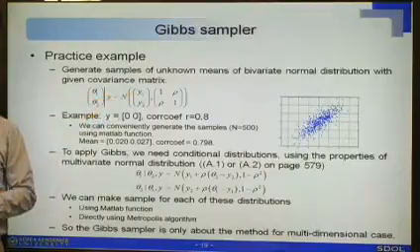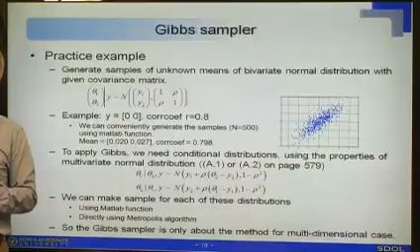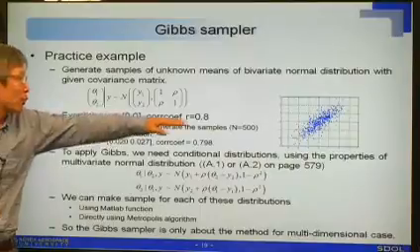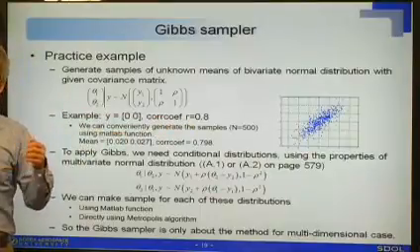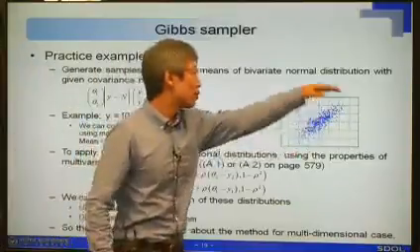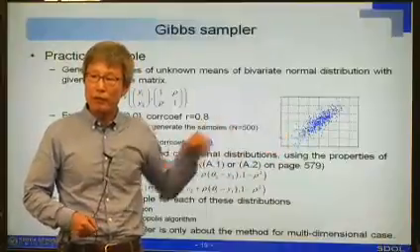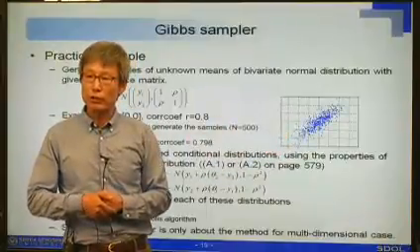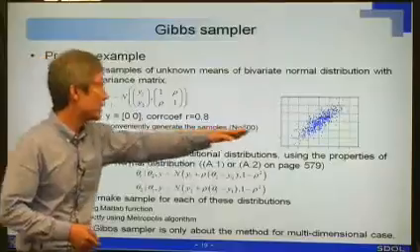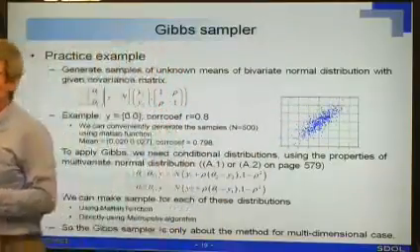If y1 gets higher, y2 is also likely to be higher. If y1 is small, y2 is also likely to be small. 0.8 represents that kind of a feature. And as a result of the sampling, we got this point distribution. And we could see there is a strong correlation between the two parameters.